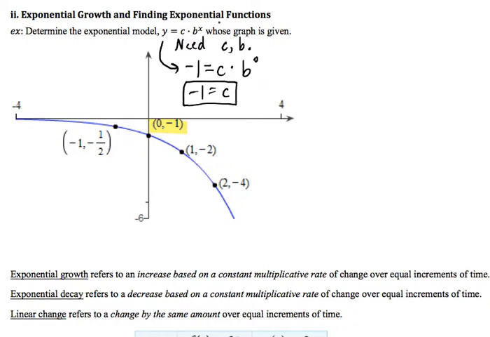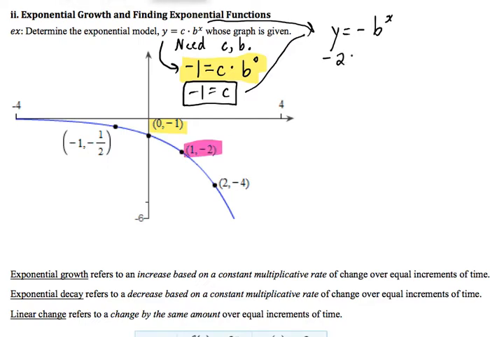Okay, so that's helpful. So now we have the model y equals the negative of b to the x, and we could plug in any of these other points in order to solve for b. So I'm going to plug in (1, -2).